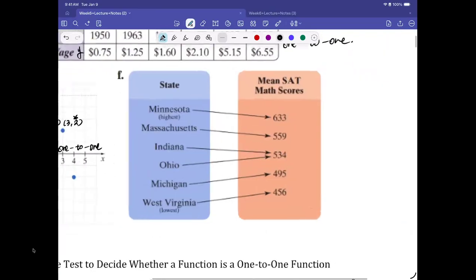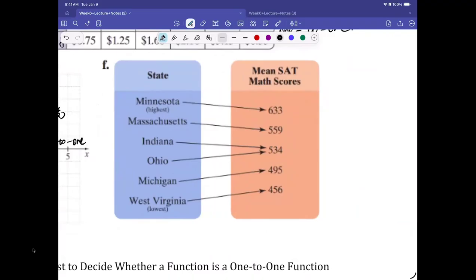What about this one? There are 6 states on the left-hand side, so I'm going to say this is x, and the y is the average SAT math score. The mean is the average SAT math score. So this is y. Is this diagram 1-to-1?